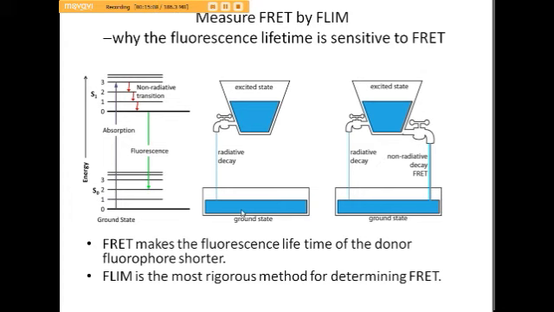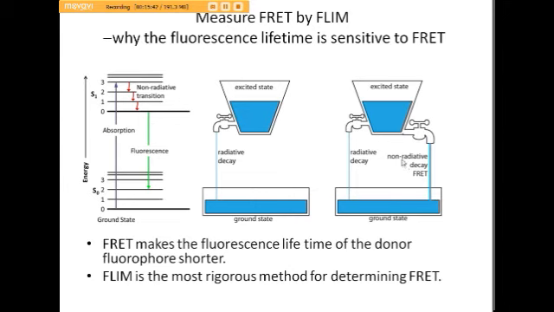The molecules jump from the ground state to the excited state, and they do not stay forever in the excited state. There is a radiative decay to drain the fluorophore from the excited state back to the ground state. This radiative decay, for example, is fluorescence. By generating an emission photon, the fluorophore will quickly return to the ground state.